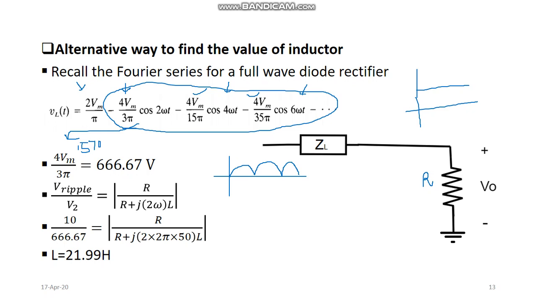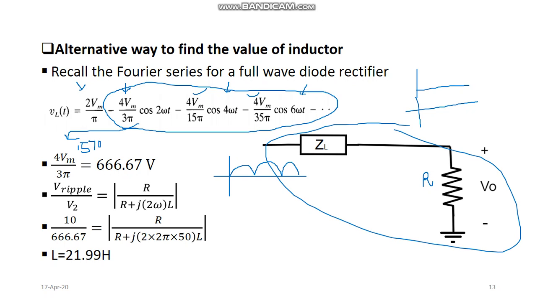So the transfer function of a scenario like this will be V ripple by V2 is equal to R over R plus j 2 omega L. This V ripple is basically the part of this. I want to suppress this value of 666.67 volt.